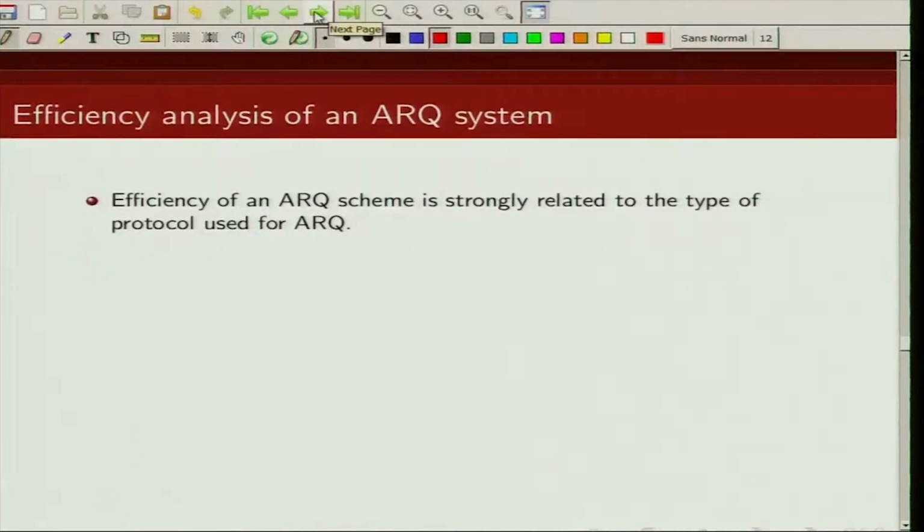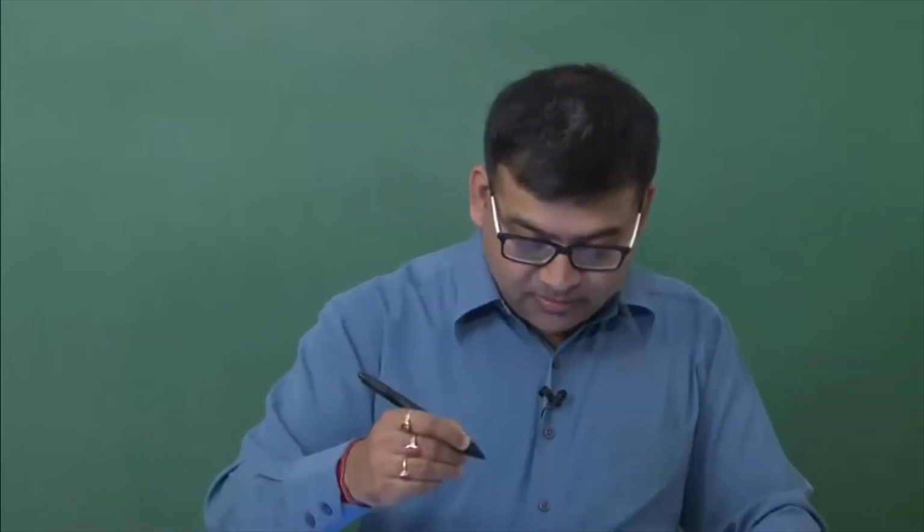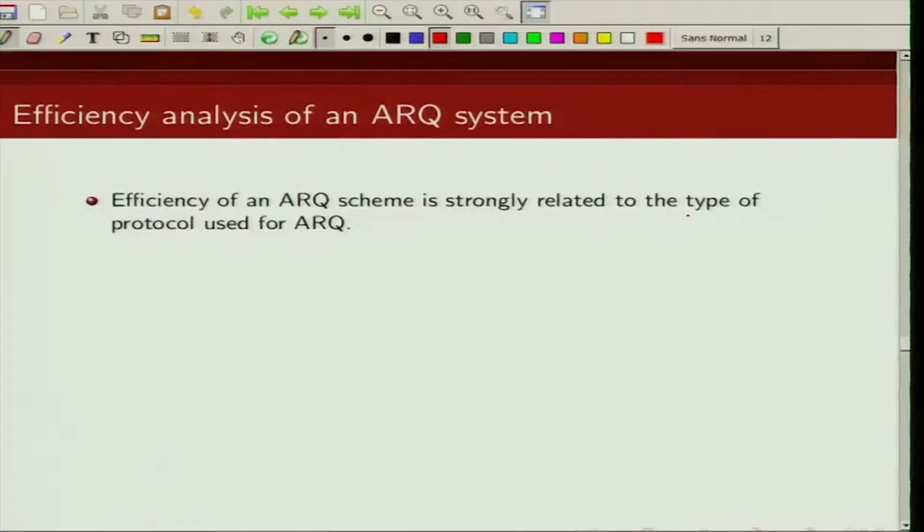Next, we are going to move into the efficiency analysis of these ARQ protocols. So how are we going to measure the efficiency of an ARQ scheme? We are going to do that on the basis of the throughput that we can achieve when we are using these ARQ protocols. And this efficiency is very closely related to what sort of protocol we are using.